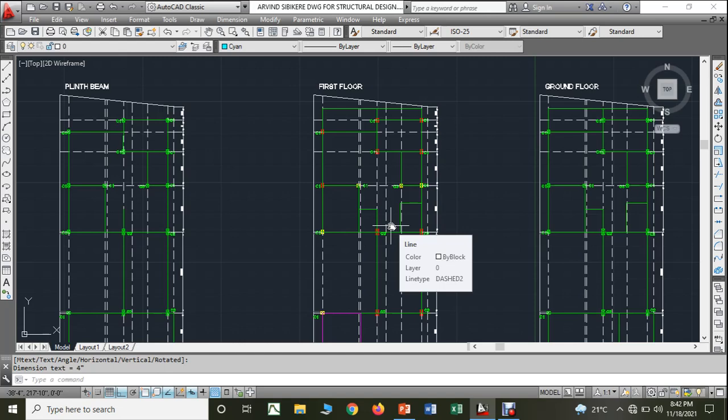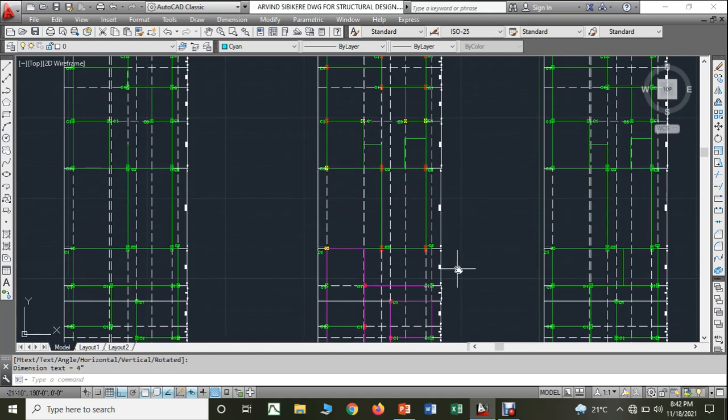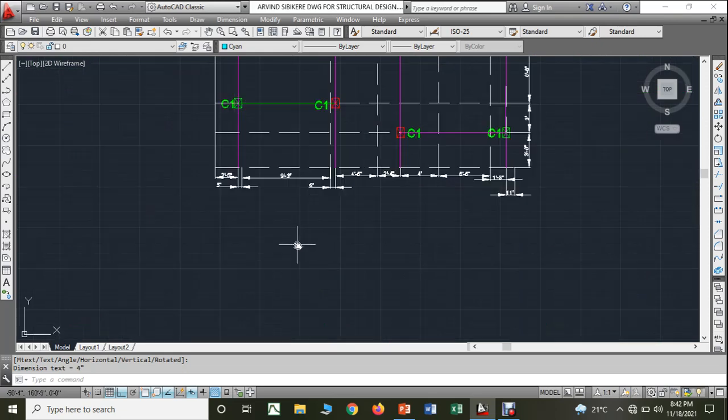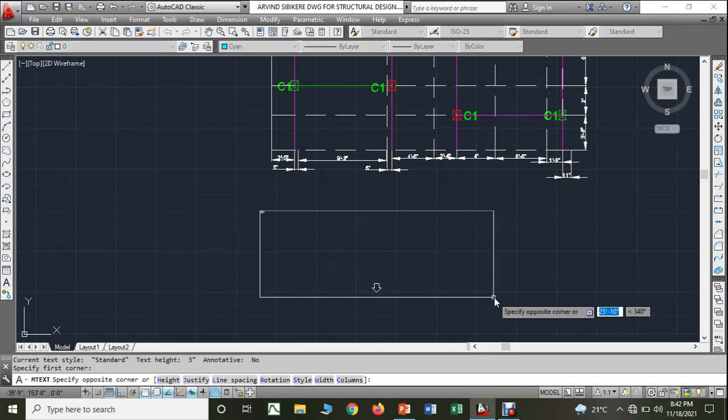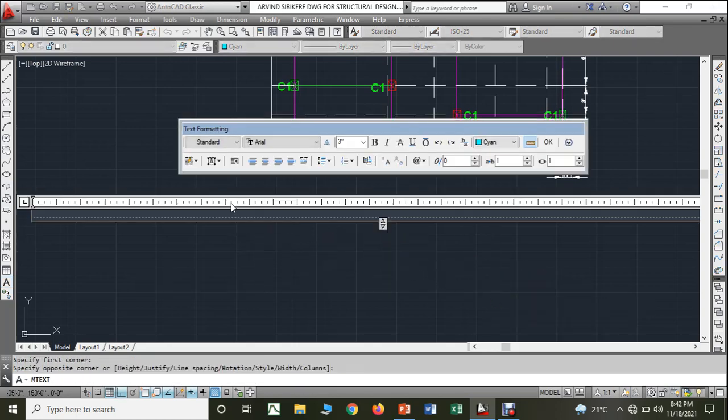So now let us make the three columns. For column number 1, I'm going to consider a low loading column.